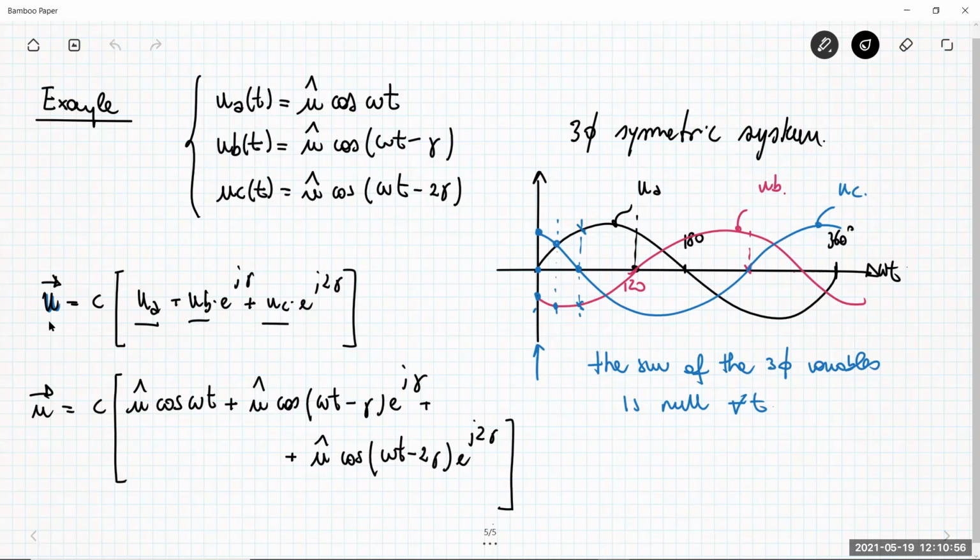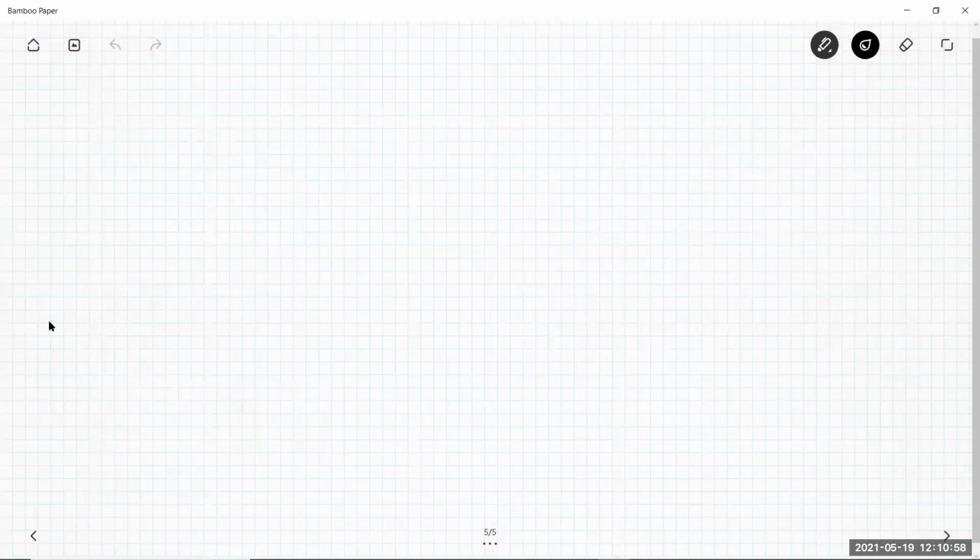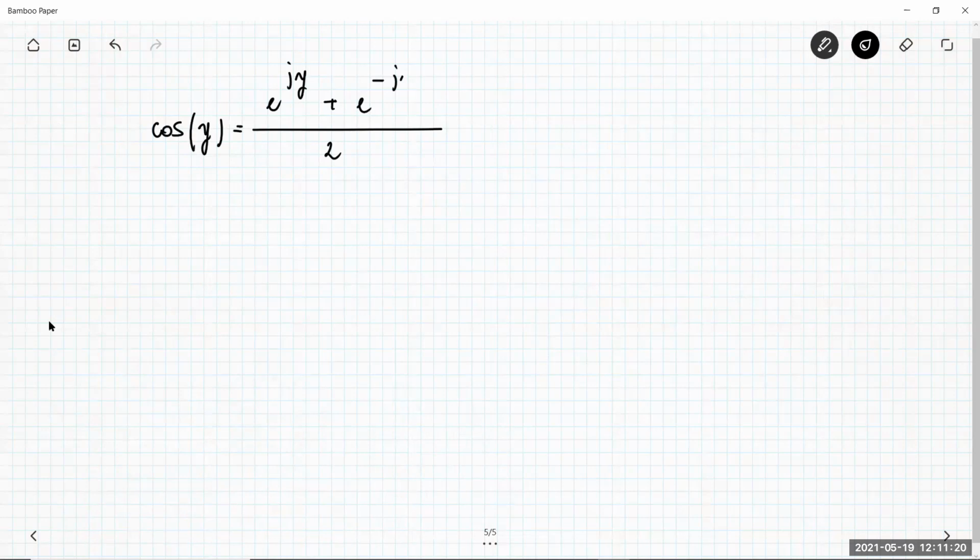Okay, so let's consider that the cosine of a variable, I don't know, y, can also be written by using exponential terms, like e^jy plus e^negative jy, divided by 2. So we can use this transformation for the cosine, and so we can find out the space vector.